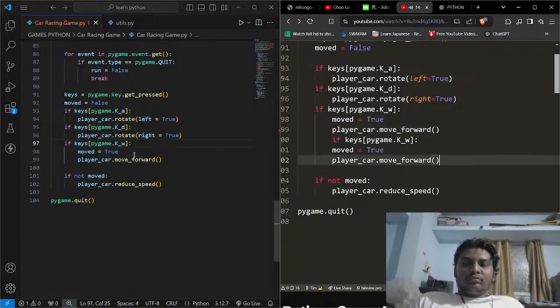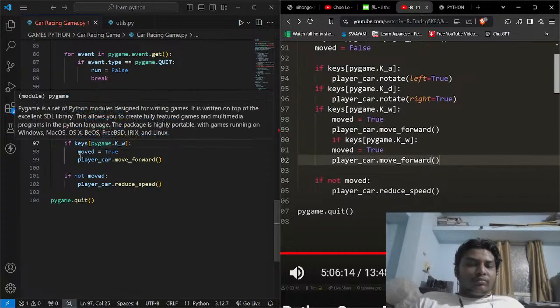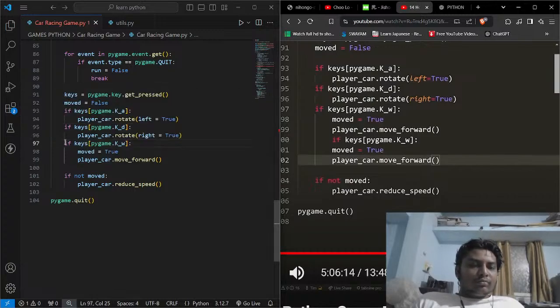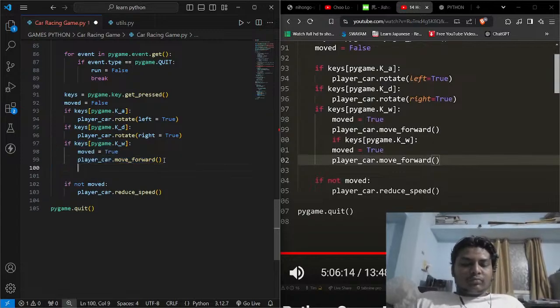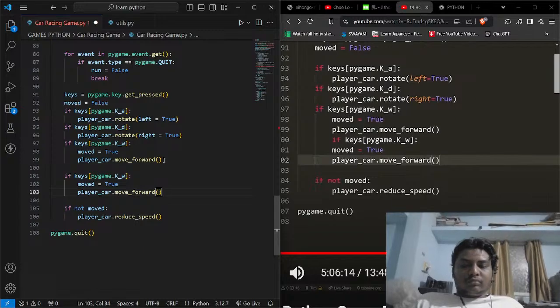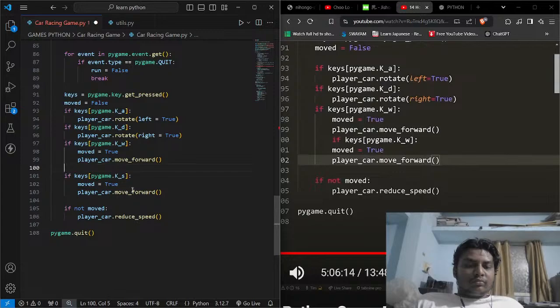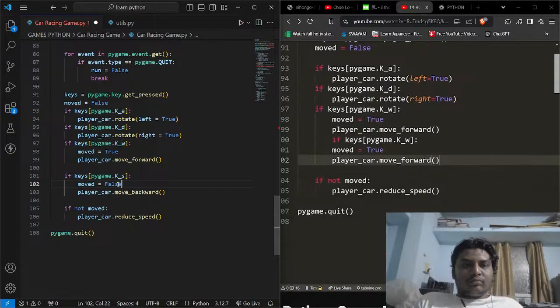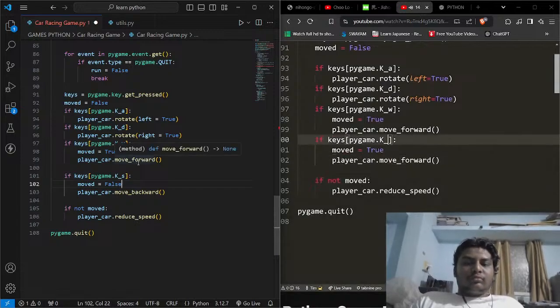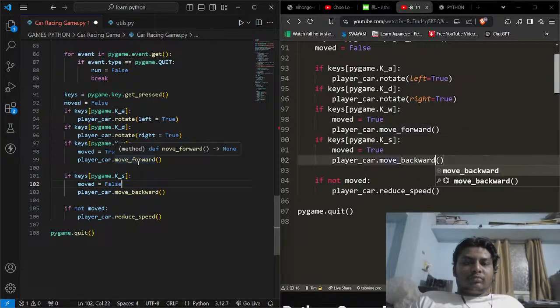So we're just going to copy this, and I'm just going to change this now to key, this is going to be S. S will go backwards, and then we will change this to be backward like that.